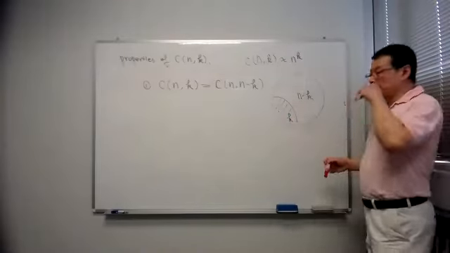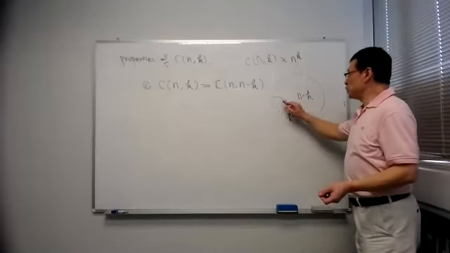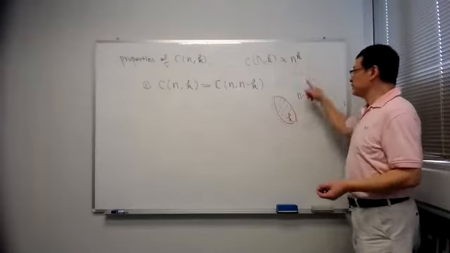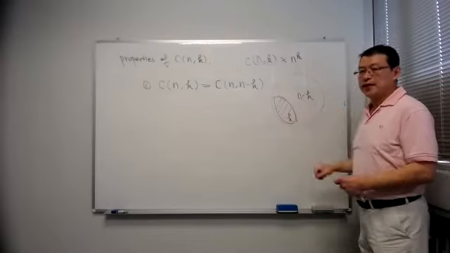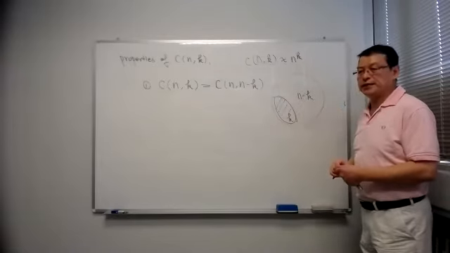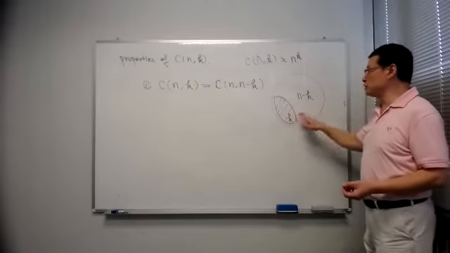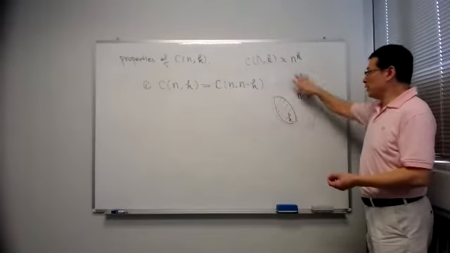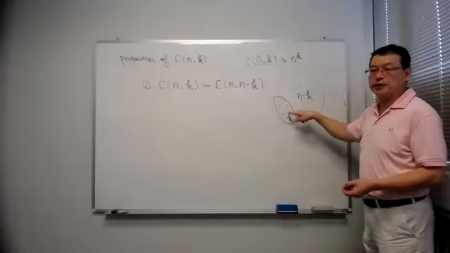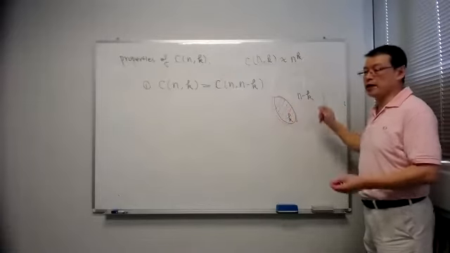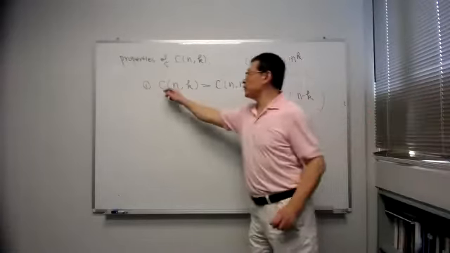Once we choose this part, its complement is uniquely determined. So in order to choose that set, it's sufficient to choose this part, and then the other part is determined. We just take its complement. Therefore, this one holds.